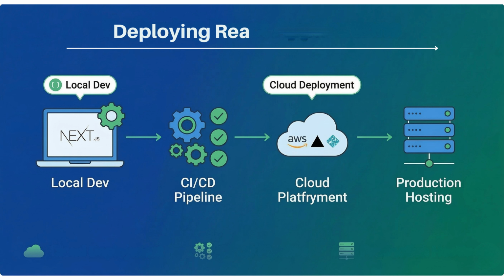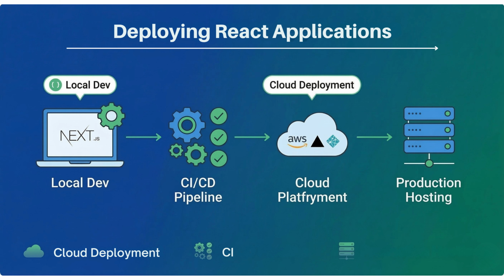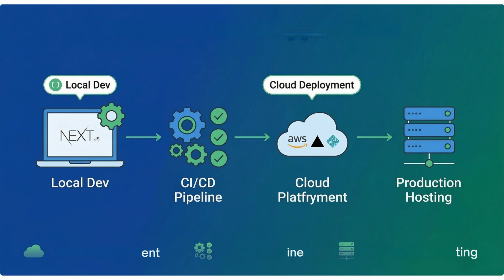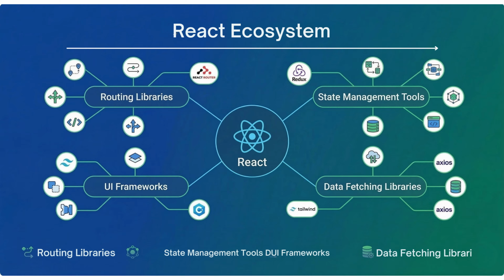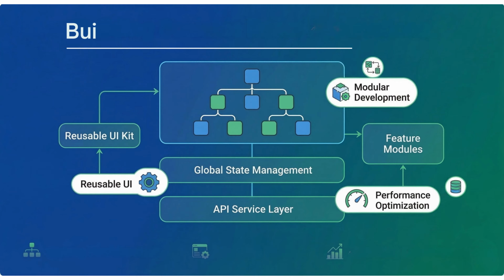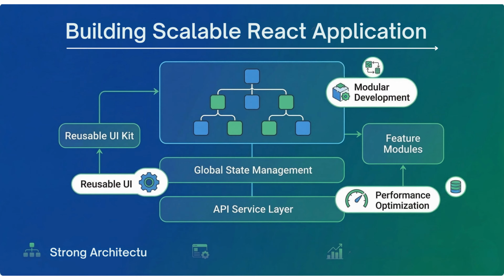React applications can be deployed to platforms like Vercel, Netlify, or cloud servers. The React ecosystem also includes thousands of libraries for routing, state management, UI design, and data fetching. Understanding this ecosystem helps developers build powerful and scalable applications.